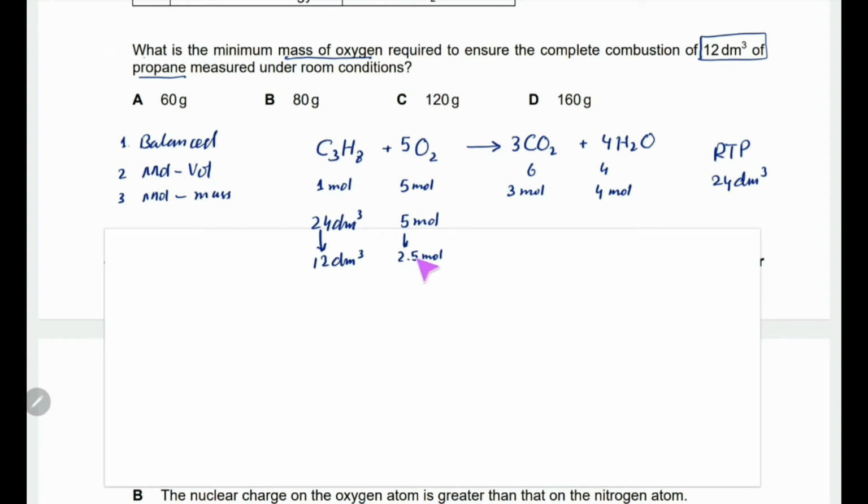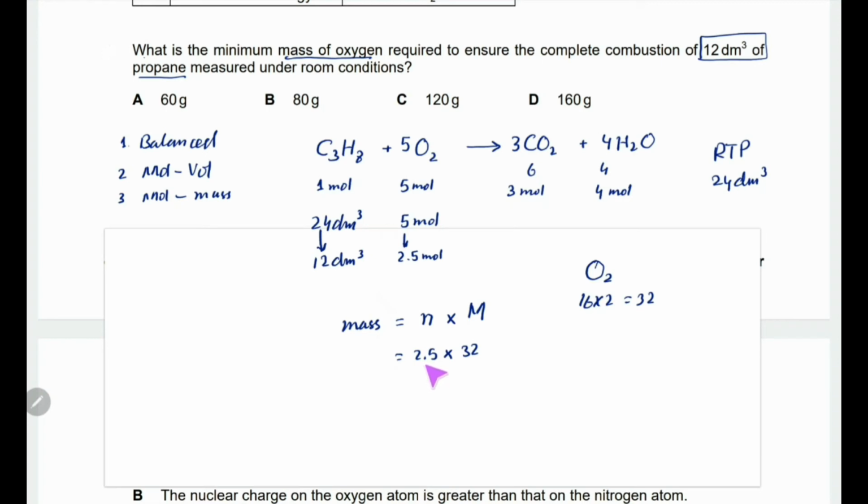For the mole mass conversion, we have the formula that mass in gram is equal to given moles multiplied by molar mass of that substance. So there are 2.5 moles multiplied by the molar mass of oxygen. This is O2. So oxygen atomic mass is 16 and there are 2. So 16 times 2 is 32. So we are getting 32 gram per mole.